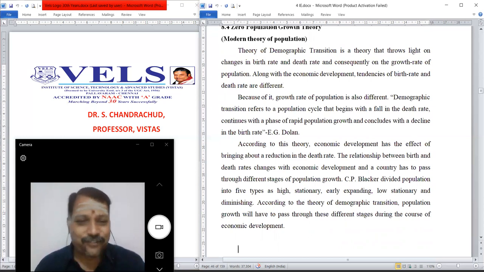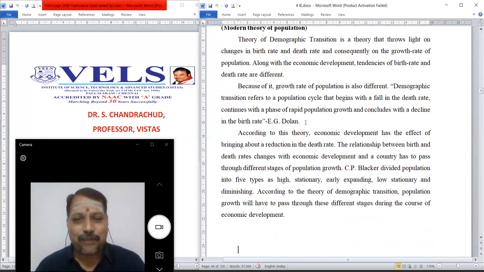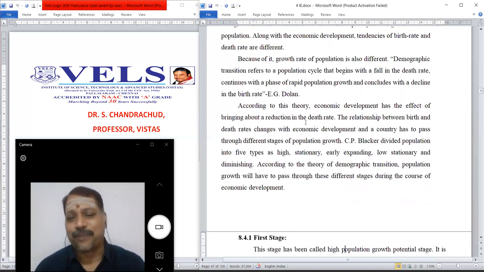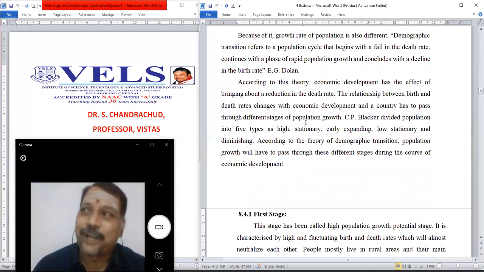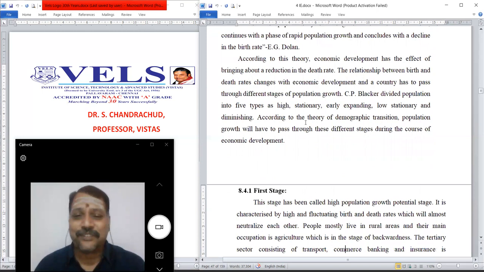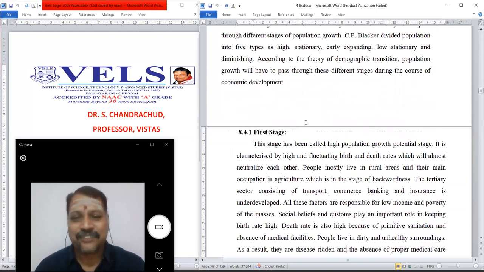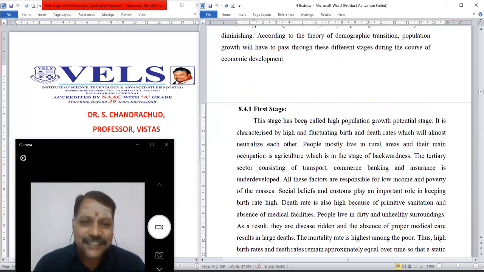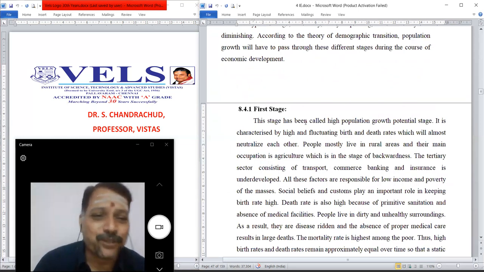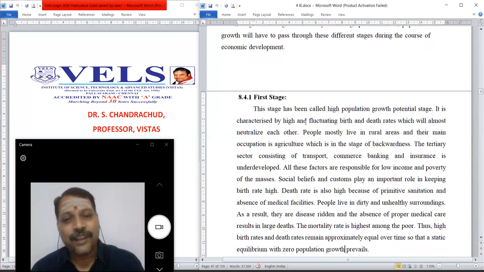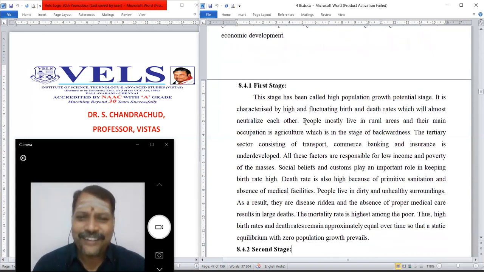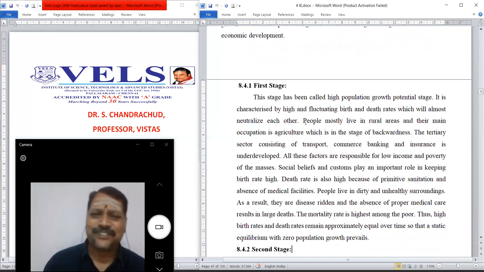According to this theory of demographic transition, the population growth will have to pass through different stages during the course of economic development. When we are going for economic development, the population will go through these 5 stages. We will discuss the 5 different stages one by one. In the first stage, called the high population growth potential stage, it is characterized by high and fluctuating birth and death rates, which almost neutralize each other.